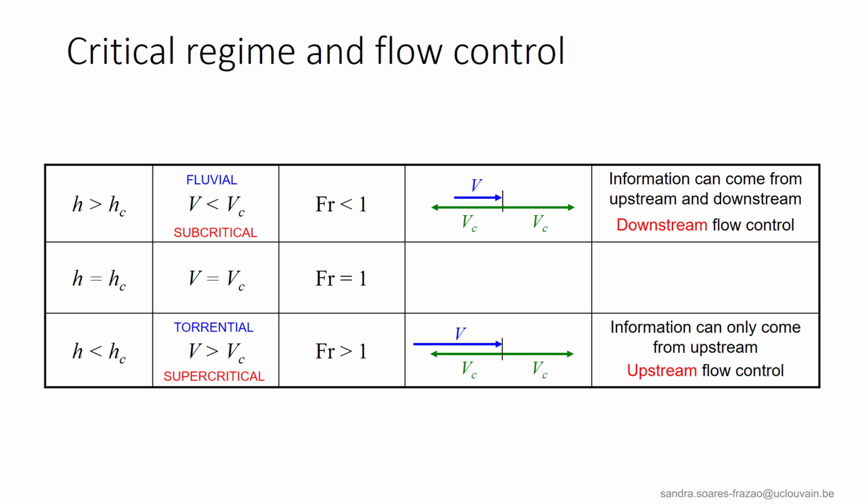This means that if there is a change of condition somewhere downstream in the flow, this change will not be able to travel back in the upstream direction. And then, of course, we have the case when H is equal to Hc, which is the critical flow defined by Froude number equal to 1.